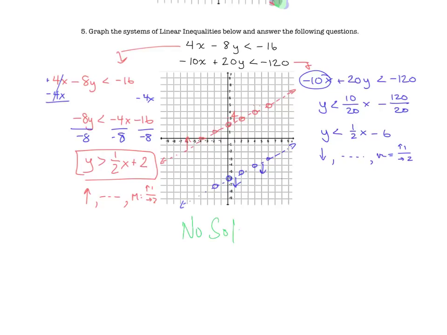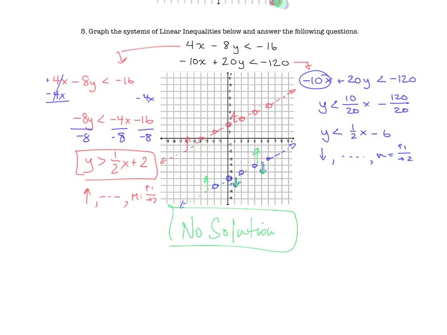All right, so notice that that no solution has crept back in again, for the idea of parallel. Now, just because they're parallel doesn't mean that they're no solution, okay? Because I could change this equation one tiny way, and all of a sudden, I have solutions. So these arrows were going down. If I had shaded up, okay, if I had had greater than, then I definitely would have had a dual shaded region that would have just been above the red line, okay?